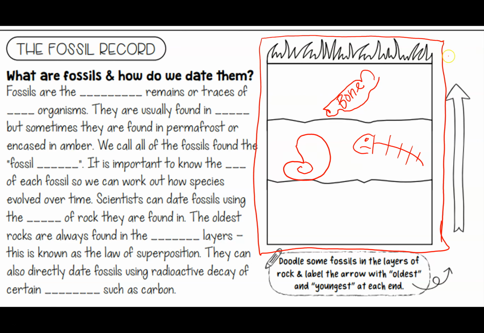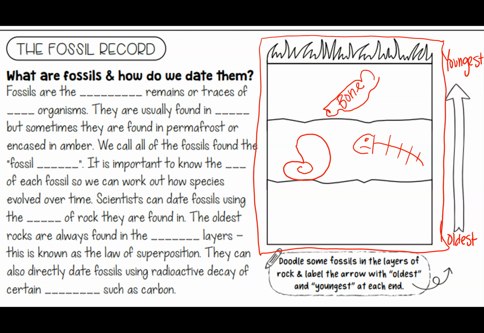Okay. And we said that this was the youngest layer. The top layer is always the youngest and the bottom layer is always the oldest. So that's something that you need to remember, okay?